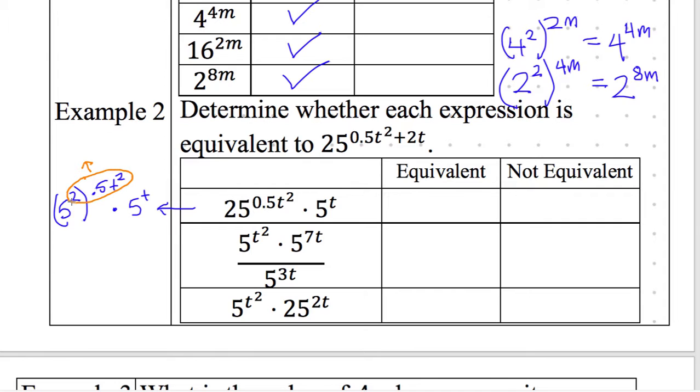What's half times 2 times t squared? What's half of 2? 1 what? There it is, 1t squared. This is just t squared. So now I have the expression. Can I go home now? Now I have the expression 5t squared times 5t.